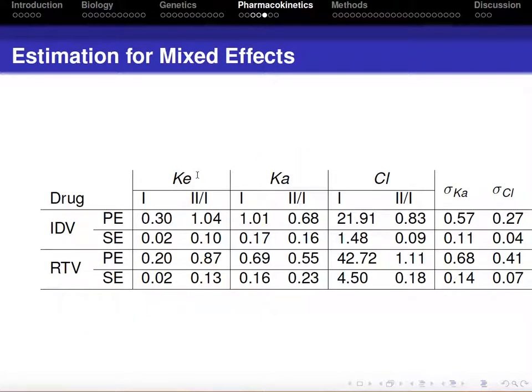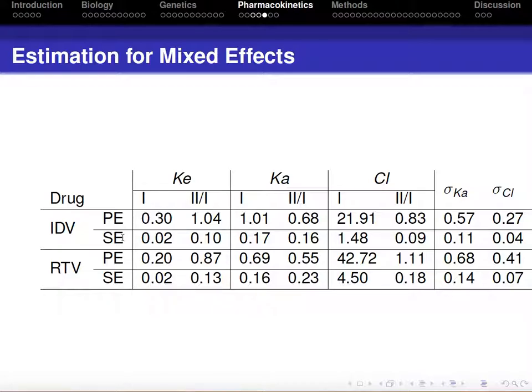So this is to show you some results. Here we have these three parameters, Ke, Ka, and Cl, and Pe stands for the point estimation, Se stands for the standard error estimation.